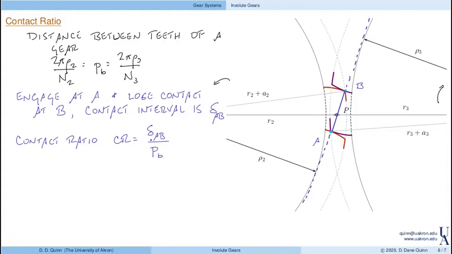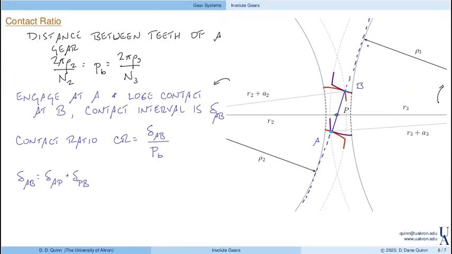So here, the distance between teeth is relatively easy to calculate. The contact interval is a little more difficult, but not too bad. We can break this up into the distance from A to P plus the distance from P to B. When looking at the distance from A to P, we're going to look at gear 3.